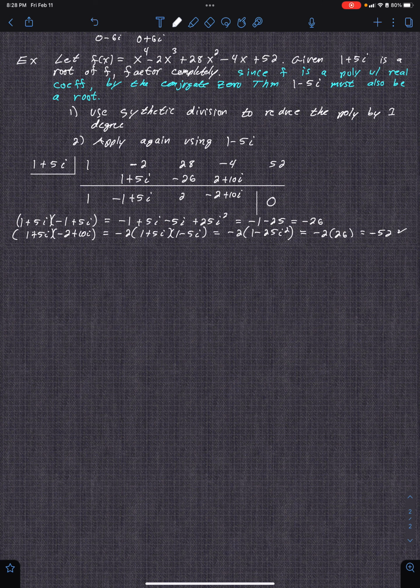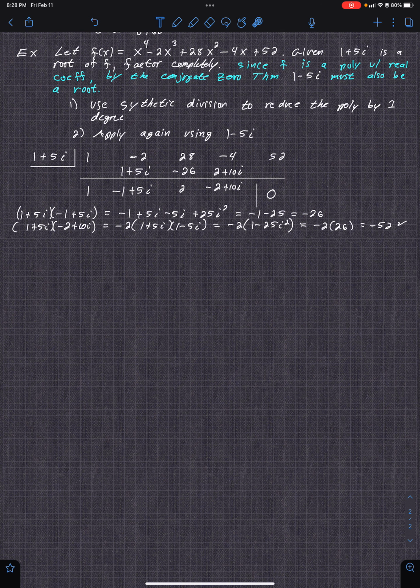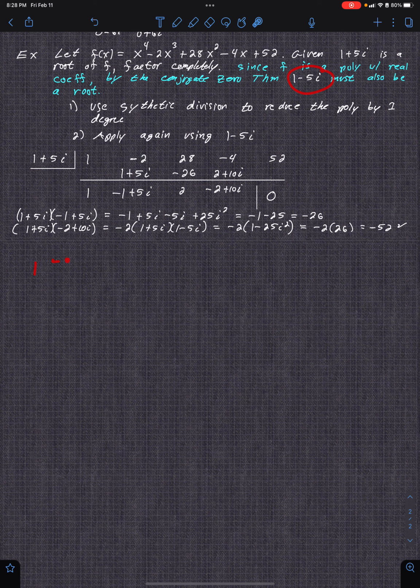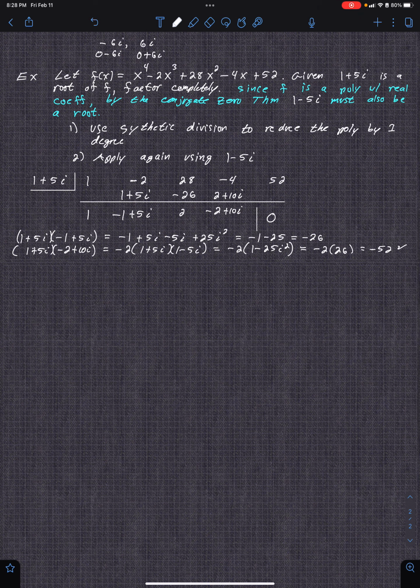Okay. So next we take our other conjugate, which is the 1 minus 5i, do the same thing, and divide into that one. You don't have to write it as a polynomial, you just basically do it. So let's write that down.